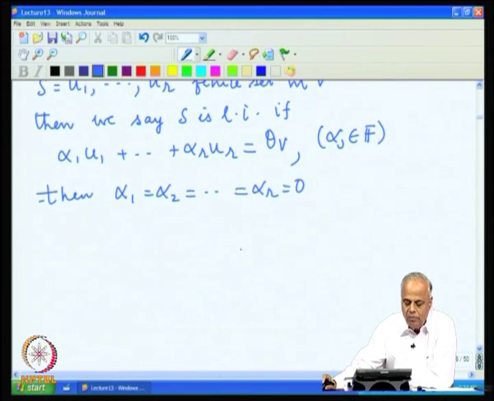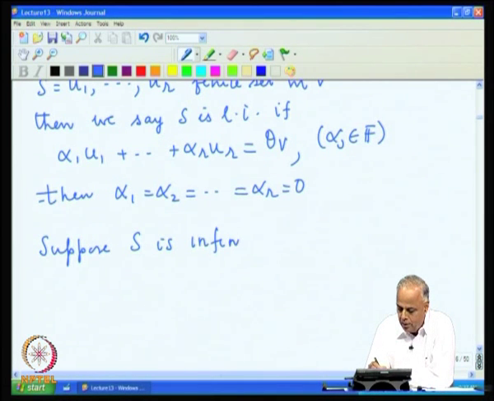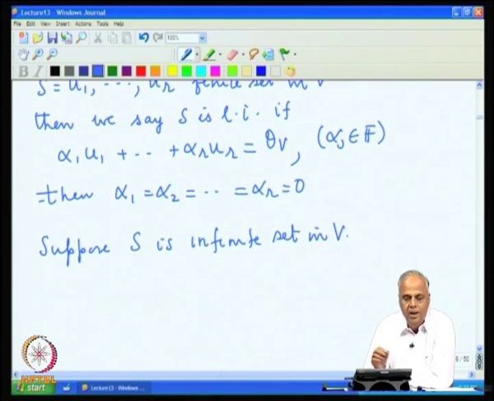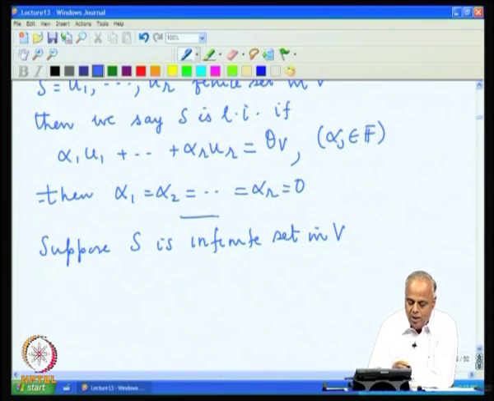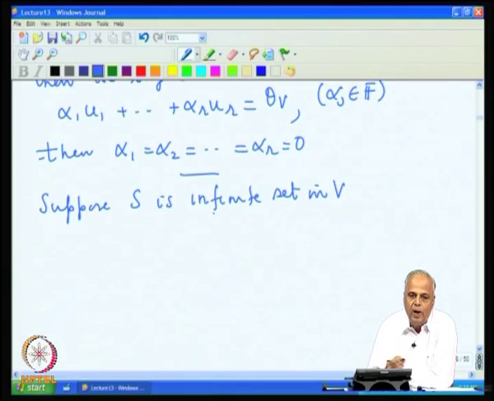Now, when we have an infinite set, how do we define it? So, suppose S is an infinite set in the vector space V, then what do we do? As before, we resort to picking finite subsets of this. So, if every finite subset of S is linearly independent, then we say S is linearly independent.